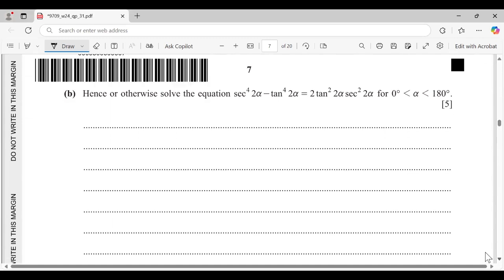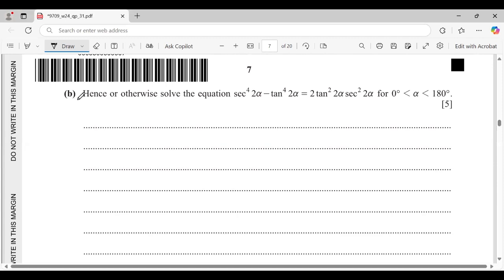B. Hence or otherwise solve the equation secant to the power 4 of 2 alpha minus tangent to the power 4 of 2 alpha equals 2 tangent squared 2 alpha secant squared alpha for alpha from 0 to 180.